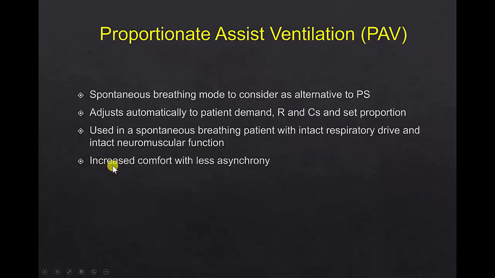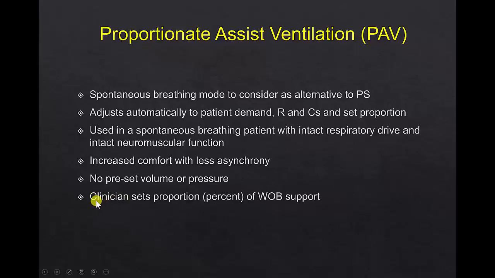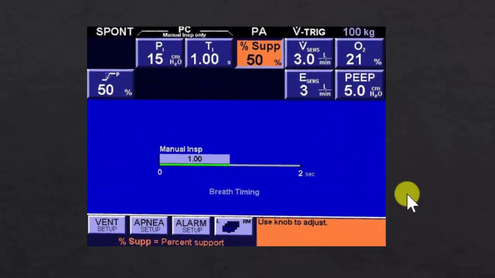So what we like about this is there's increased comfort and less asynchrony. And we don't set either volume or pressure. It's truly a spontaneous mode. The ventilator is just proportionately assisting the patient's effort. So we do set the proportion of the work of breathing we're supporting, which makes this an interesting mode. So I'll show you some screenshots.